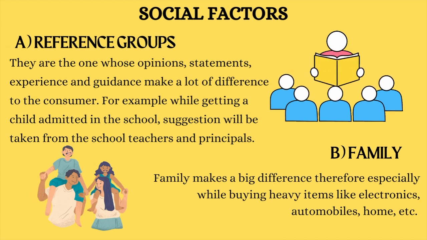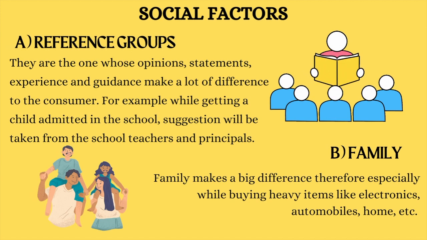Similarly, when I wanted to get my child admission into a certain school, maybe I'll ask the teachers or principals, because their opinions would make a difference. Next comes the family. Family is the first and most important personal group that would help us in taking a decision.